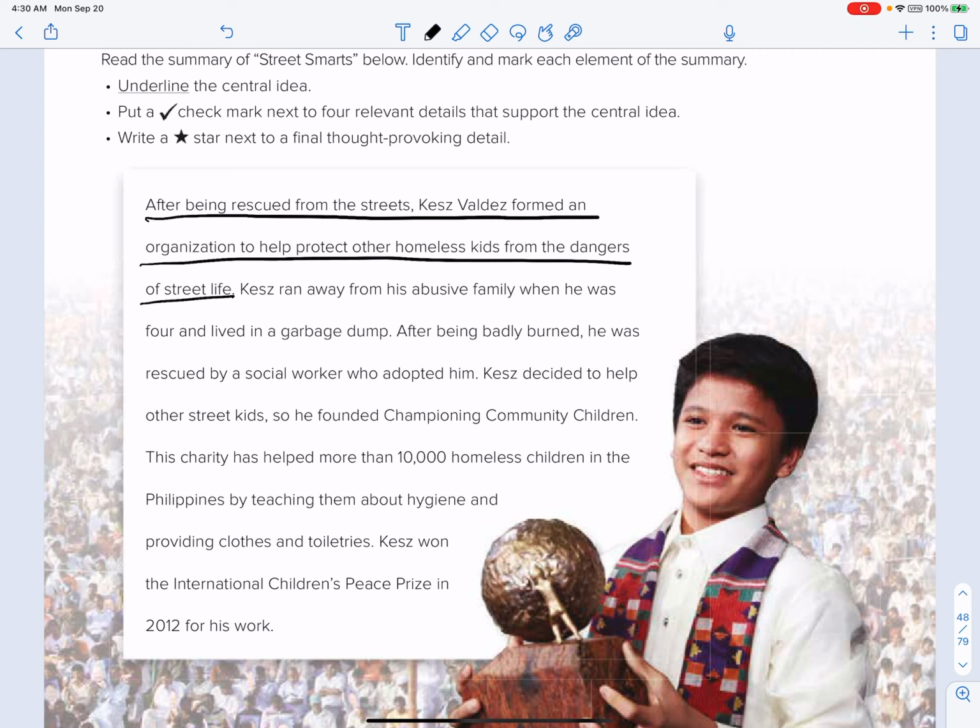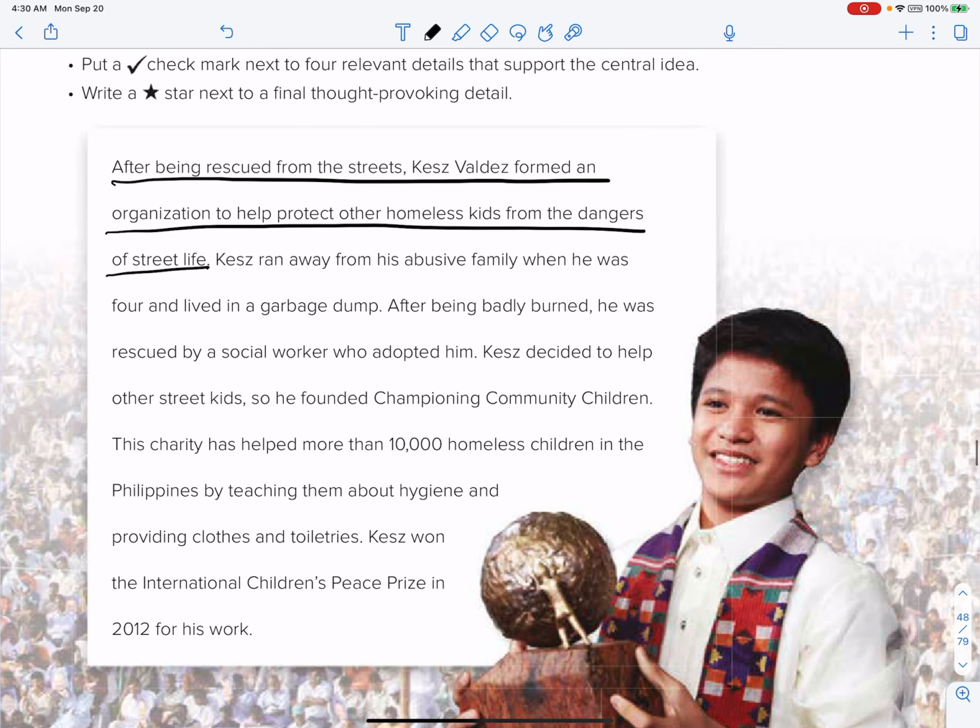Okay, they want us to put a check mark next to 4 relevant details that support the central idea. So let's talk about 4 things. Okay. So he was rescued from the streets. So we know that he ran away from his abusive family and lived in a garbage dump. Whoops, sorry, that's 1. After being burned, he was rescued by a social worker who adopted him. That's 2.